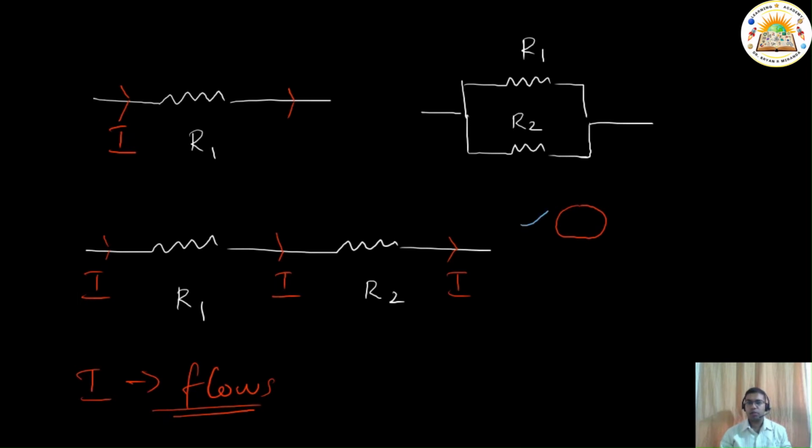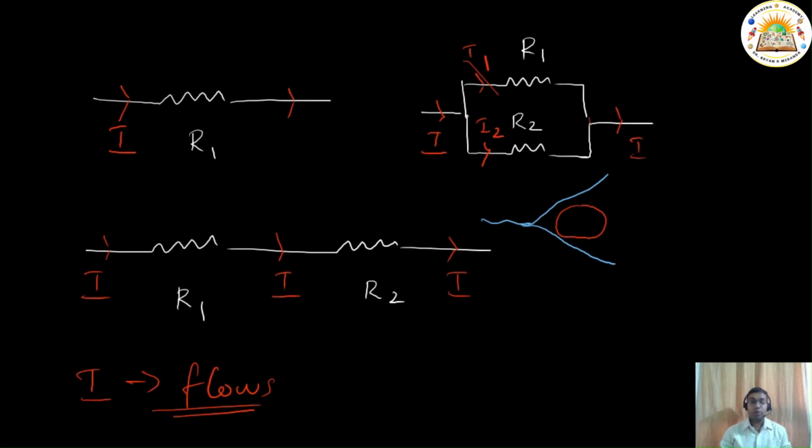The river splits apart. When it splits apart, it is no longer one stream, but rather two different streams, or not one river, but two rivers. Same thing happens here. I have current I, and that splits into I1 and I2. And finally, it meets up again here and comes out as I.